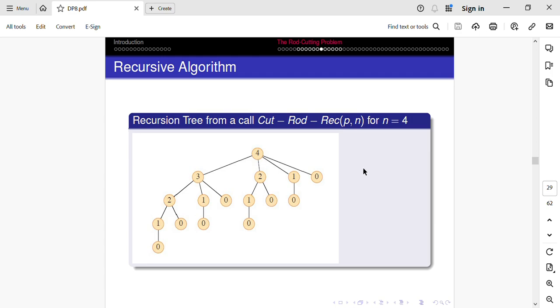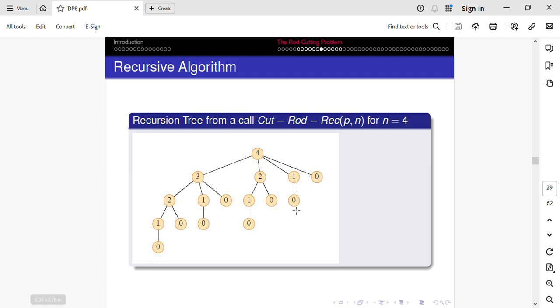That means it will also call the recursive function, whose terminating condition is for 0, so it will also call size 0. So for size 4 there is an edge from size 4 to size 3, 2, 1 and 0, because the size 4 rod cutting problem will call size 3, size 2, size 1 and 0.